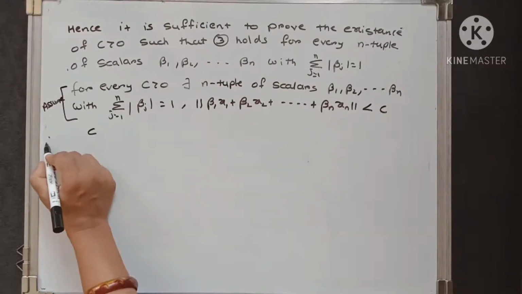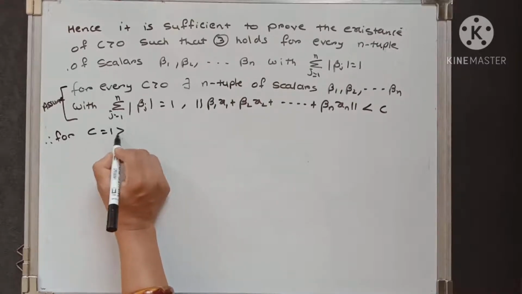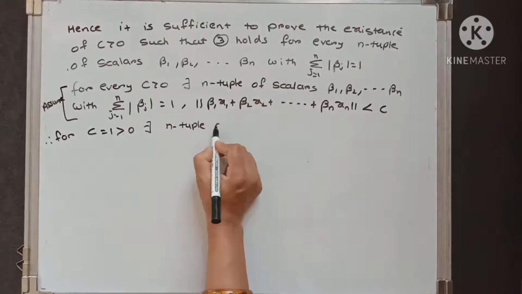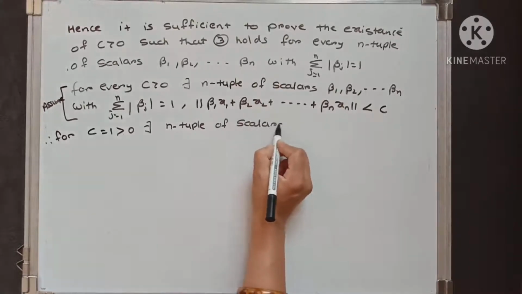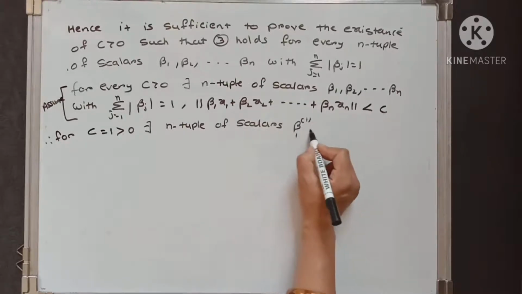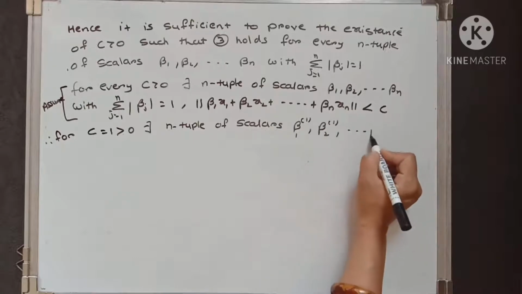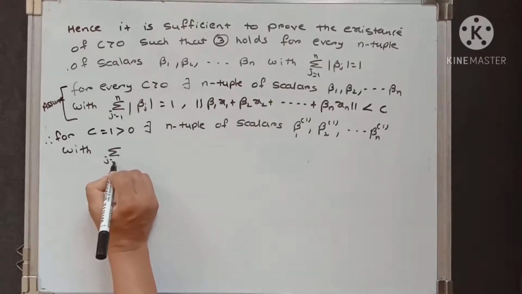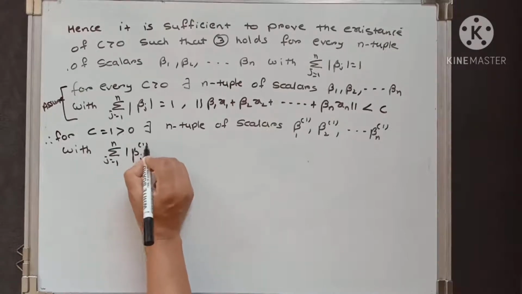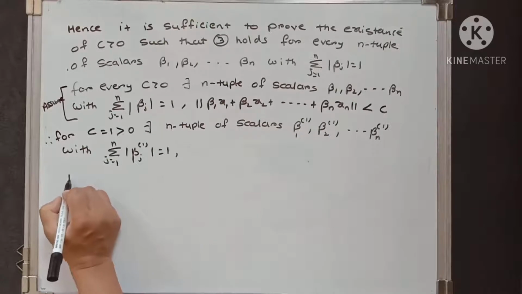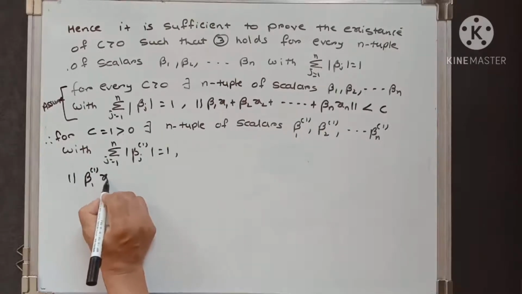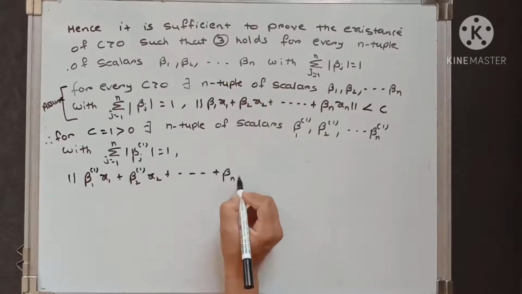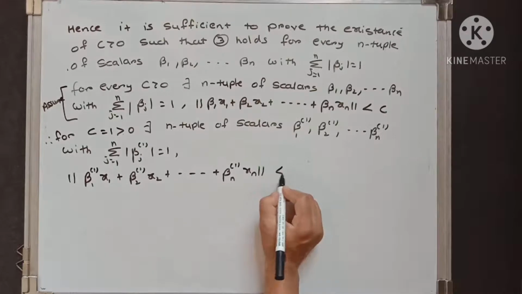Firstly, for c equals 1, which is greater than 0, there exists an n tuple of scalars, which we name beta 1 1, beta 2 1 up to beta n 1, with summation j from 1 to n of mod of beta j1 equals 1 and norm of beta 1 1 x1 plus beta 2 1 x2 up to beta n1 xn less than 1.